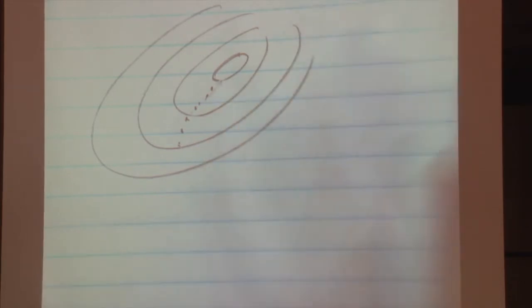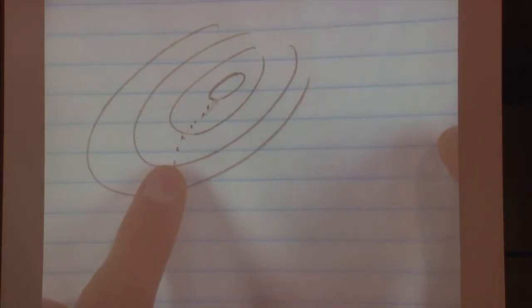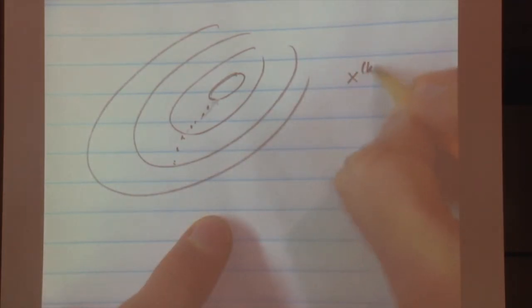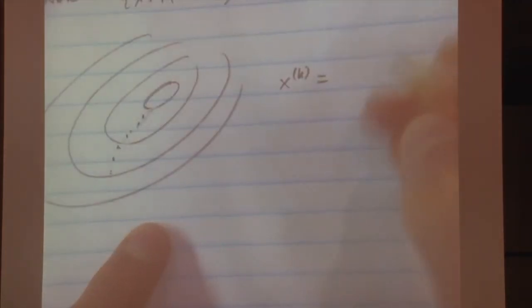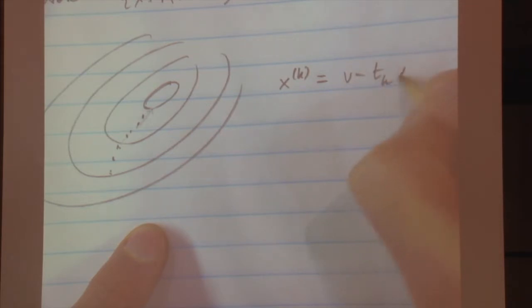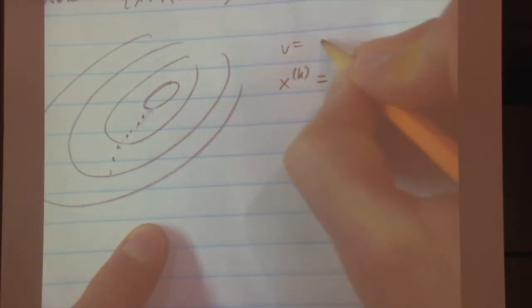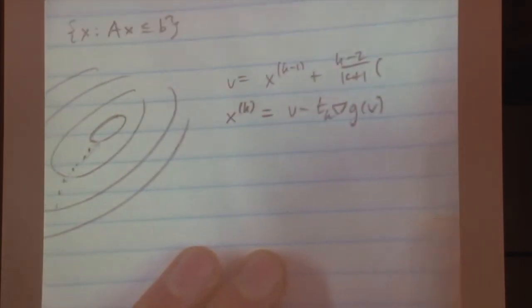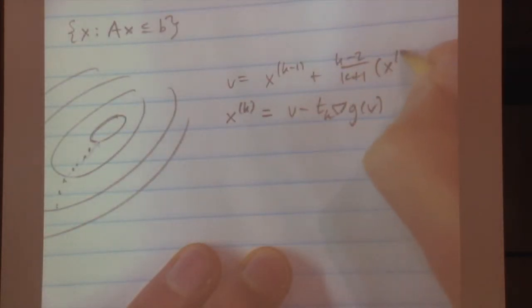But I'll rephrase the question, which was that let's suppose my updates were just as follows. xk equals v minus tk grad g of v, where v is equal to xk minus 1 plus (k minus 2) over (k plus 1) times (xk minus 1 minus xk minus 2).